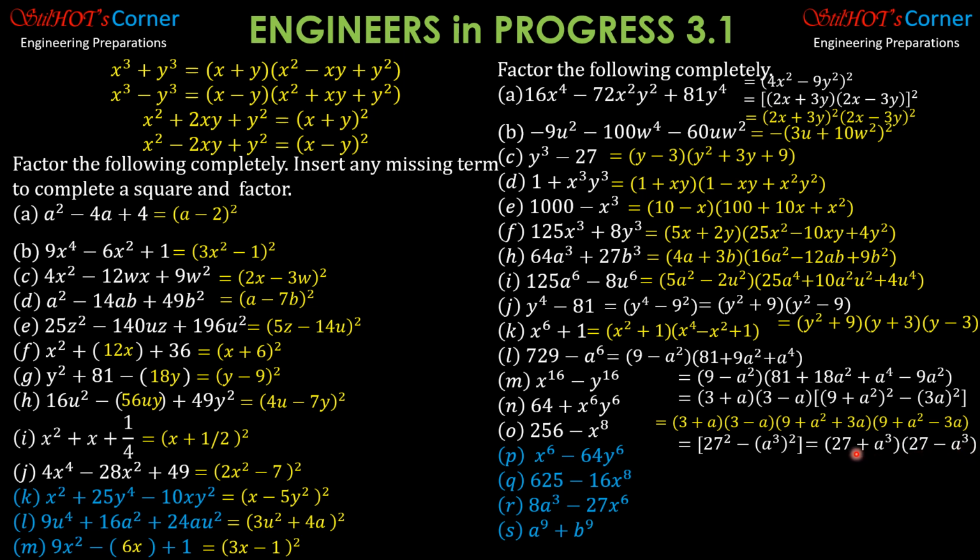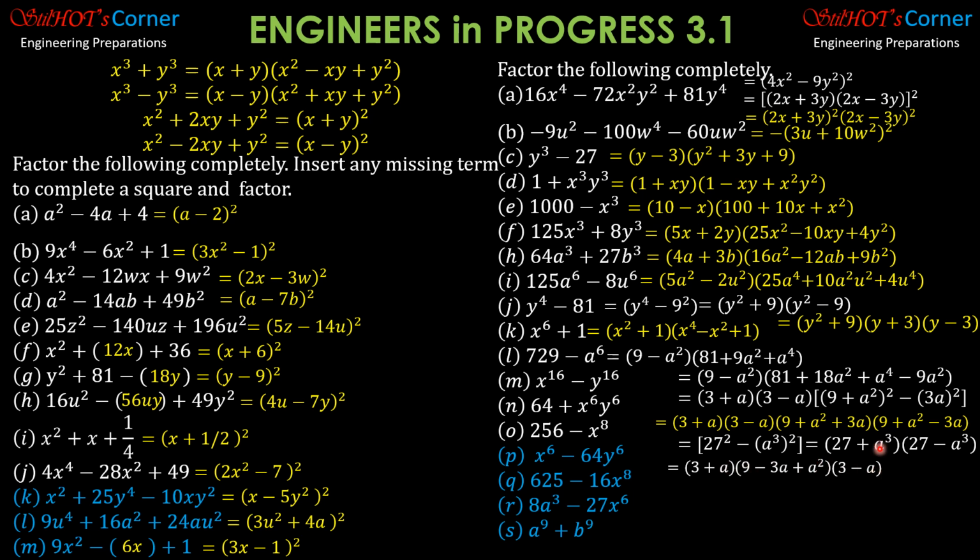Then for the first, the sum of two cubes, the factors are 3 plus a, and the other factor would be the square of 3, which is 9, minus their product 3a, then the square of a, so 9 minus 3a plus a². Likewise, this one is 3 minus a, and the other factor would be 9 plus the product, plus 3a, then plus a².